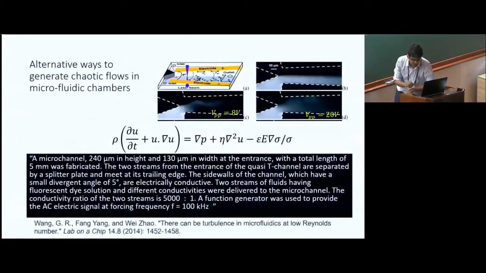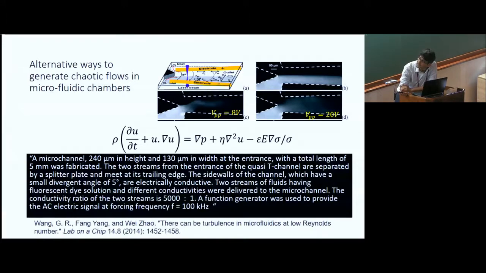Well, we were not the first people who actually did it. Probably we were the first, but anyway, there were others who had also done it. The idea there was that you could do this by having a contrast in your conductivity. They used water, which has about 1,000 times lower viscosity than what we were using.